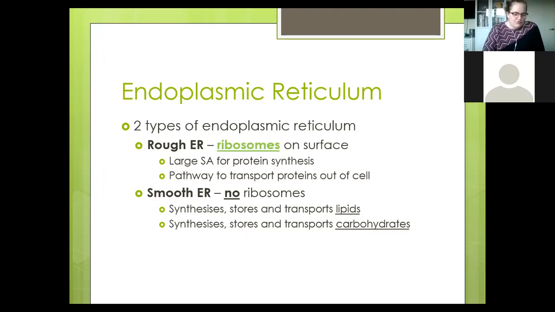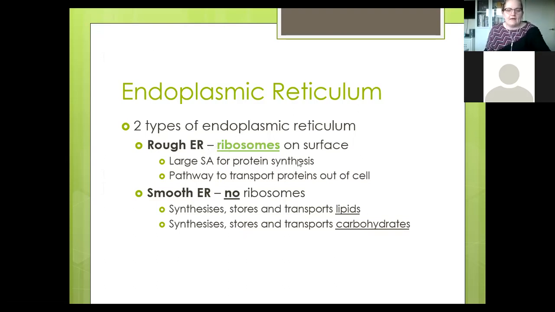So rough endoplasmic reticulum is covered with ribosomes. It's got a large surface area for protein synthesis, which makes sense because we talk about ribosomes being the site of protein synthesis. And it is a pathway to transport proteins out of our cells.